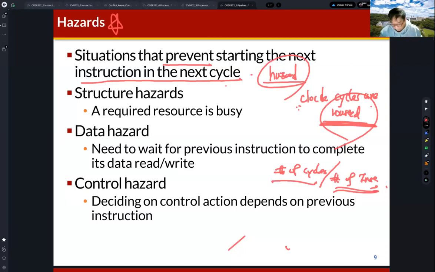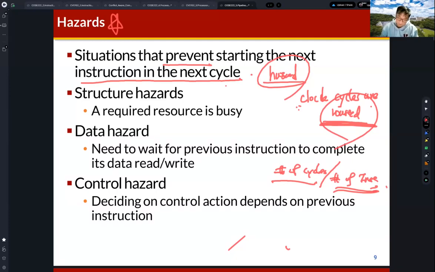That's why I'm explaining the hazards in the pipeline architecture. When we learned about the single cycle processor architecture, I did not explain about hazards, right? Because the clock cycles are not wasted. But in the pipeline architecture, the clock cycles can be wasted by hazards.